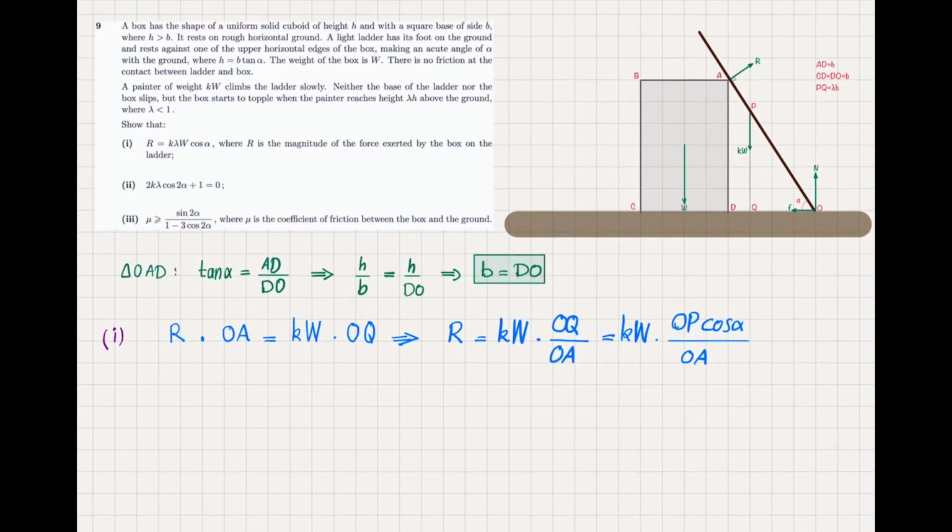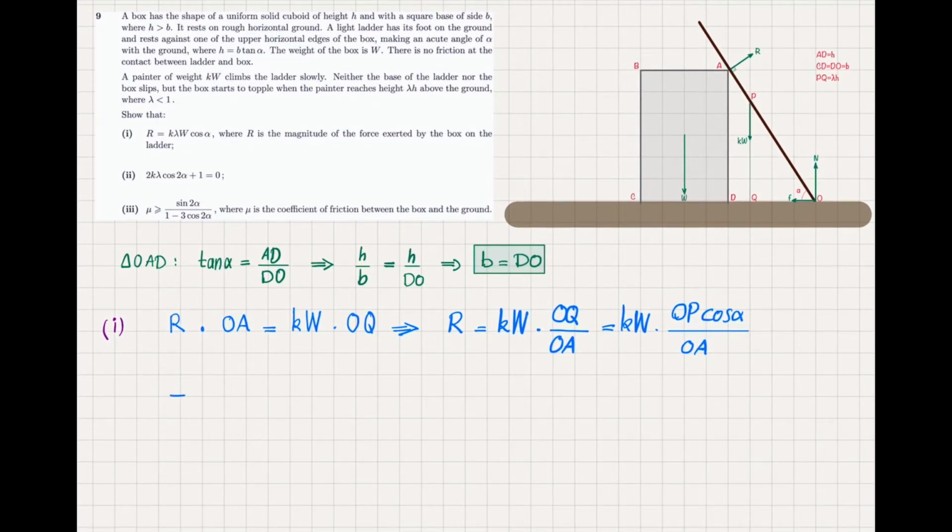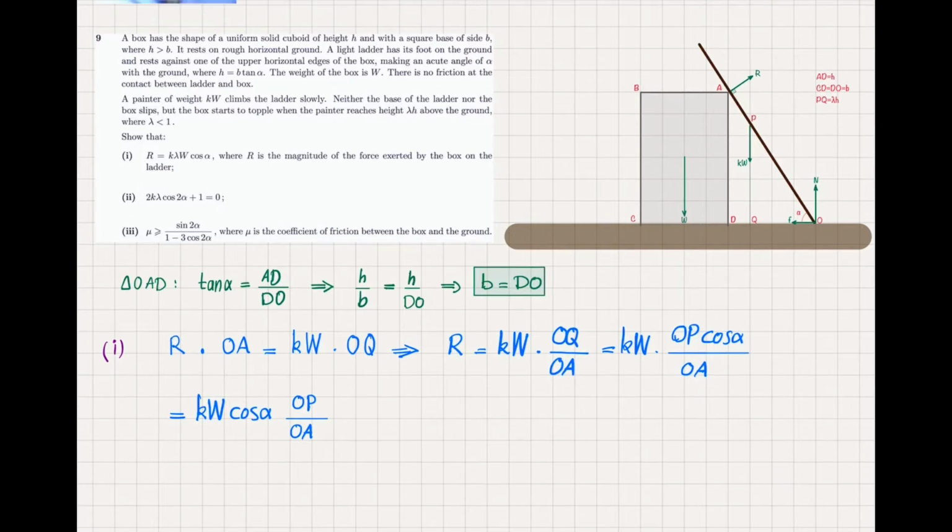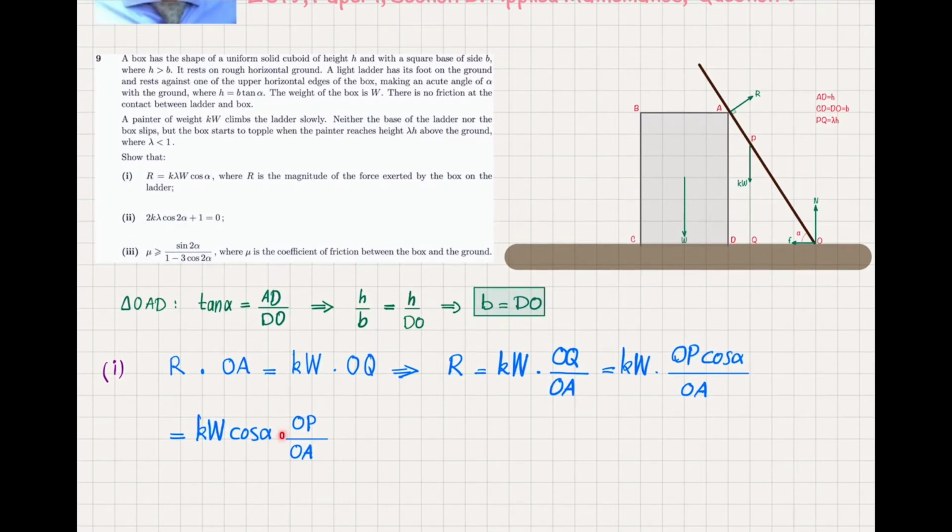If I rearrange the terms a little bit, this becomes equal to KW cosine alpha, and then I have this ratio OP divided by OA. Now my goal is to show that this ratio is equal to lambda.